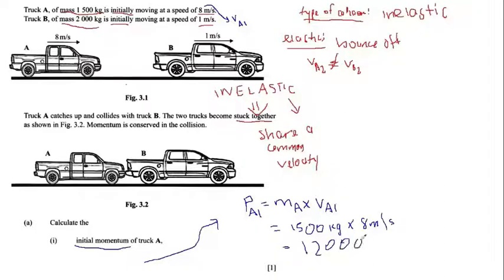Okay. I see nobody is giving me any units. What are my units? Awesome. Okay. So 12,000 kilogram meters per second.